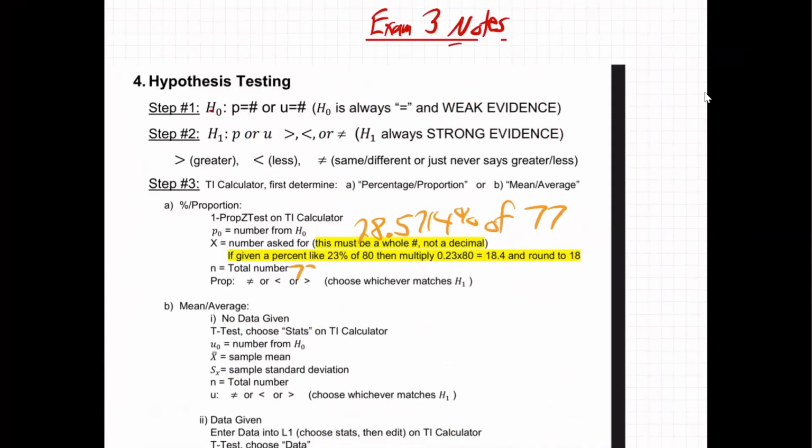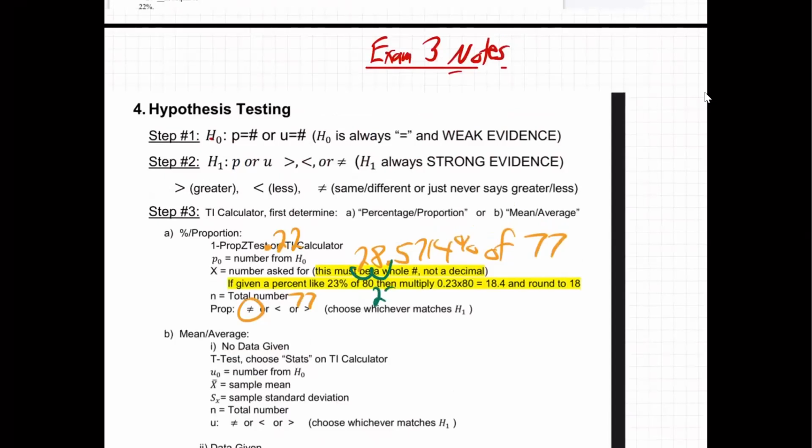N is 77 and P0 is 0.22, and this is not equal. And then we move the decimal back 2 places, make it 0.285714 times 77, and we'll hit that in the calculator and see what we get. We're going to do all this in 1-PropZTest. All right, let's go.